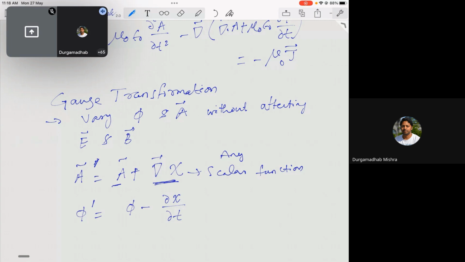If we change the vector potential like this, this will definitely keep the magnetic field invariant. Why?